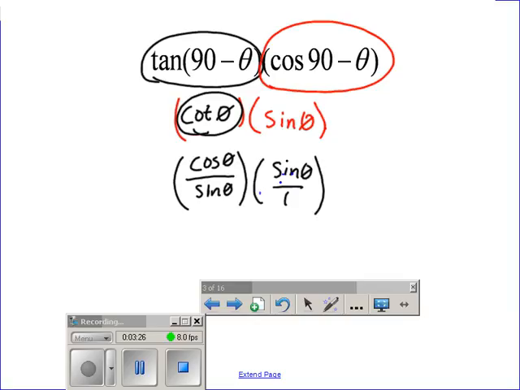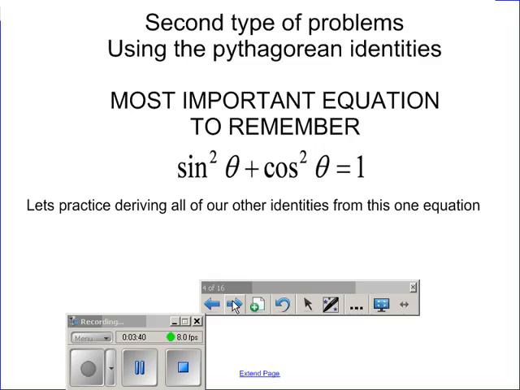When we do that, these reduce to 1, and what I'm left with is just cosine theta. There's your answer, simplified down to 1 term. You're good to go. Okay, so moving on.